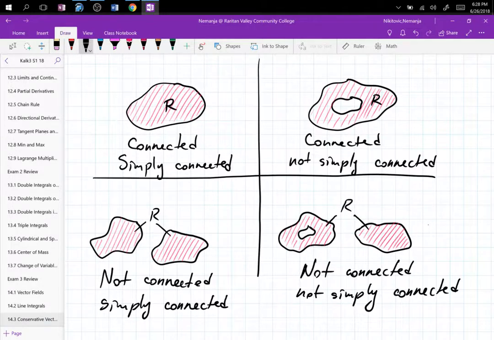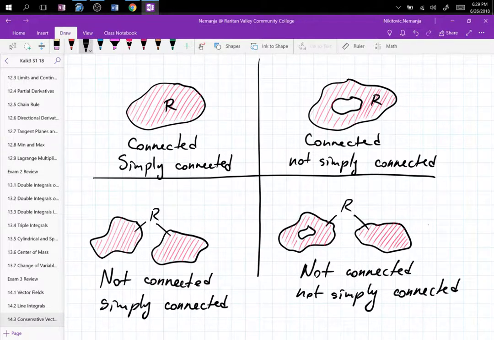Now, simply connected means each point goes to each point, but there are no holes that you have to go around. Over here, not simply connected, because I can't go in a straight line this way, since I would leave the region. There is this part in there. So not connected, not simply connected is just those two combined.